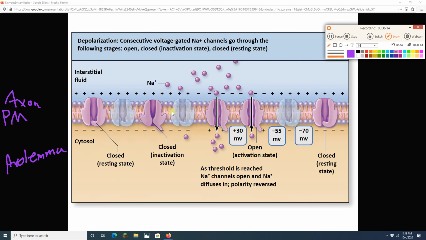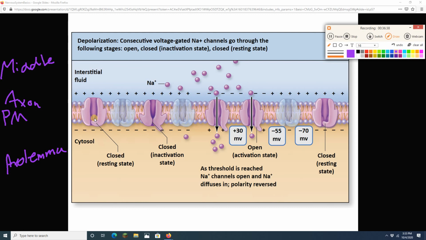We see all these voltage-gated channels in it. I got some voltage-gated sodium channels, those are the purple ones, and then the blue ones that are kind of just hanging out right now are the voltage-gated potassium channels. And we're kind of in the middle of the axon here. Okay, we're not at the axon hillock. We're in the middle. Let's look at these channels and see what's going on.